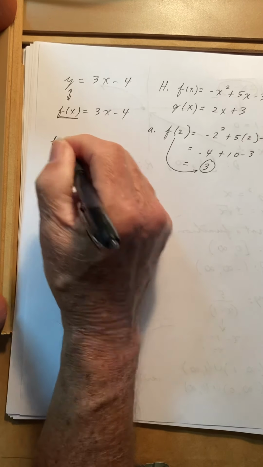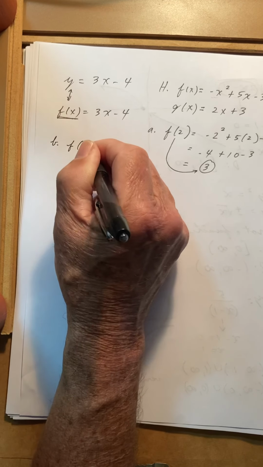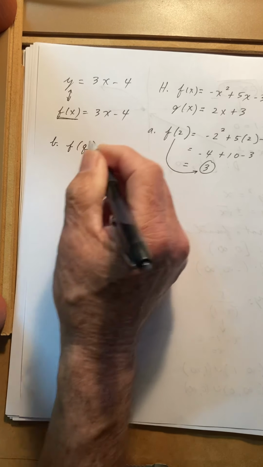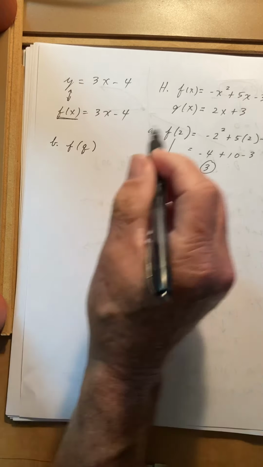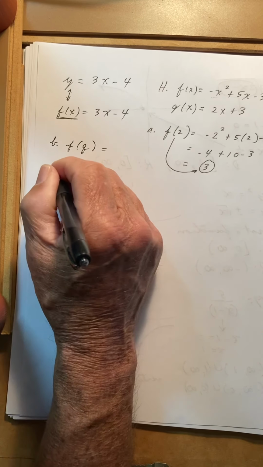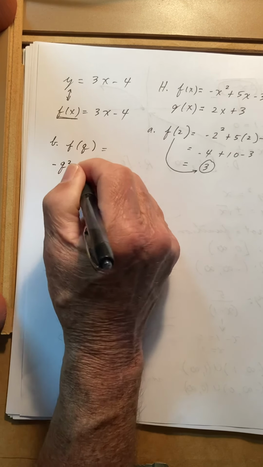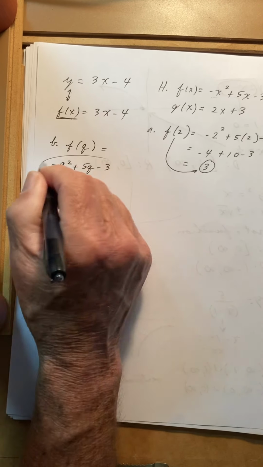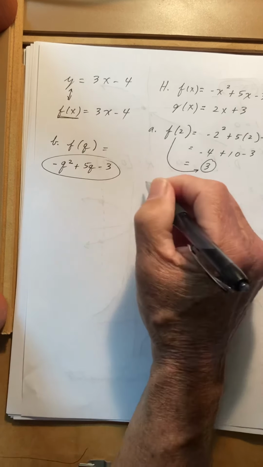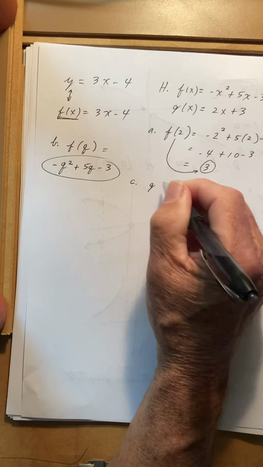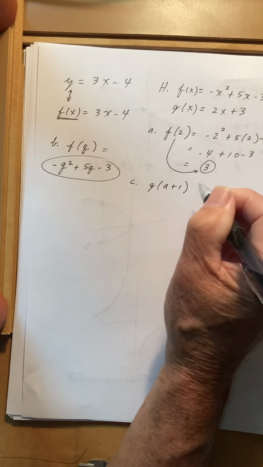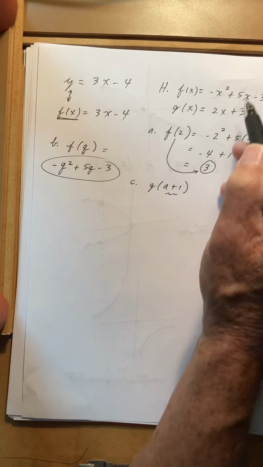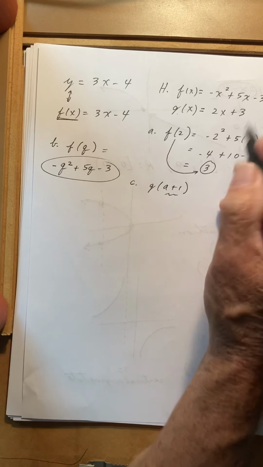We'll come over here and do f of q. And that simply means you put a q every place you have an x. So that's going to be negative q squared plus 5q minus 3. So that's what f of q equals. And the last one, g of a plus 1, means you put an a plus 1 into the g function every time you have an x.